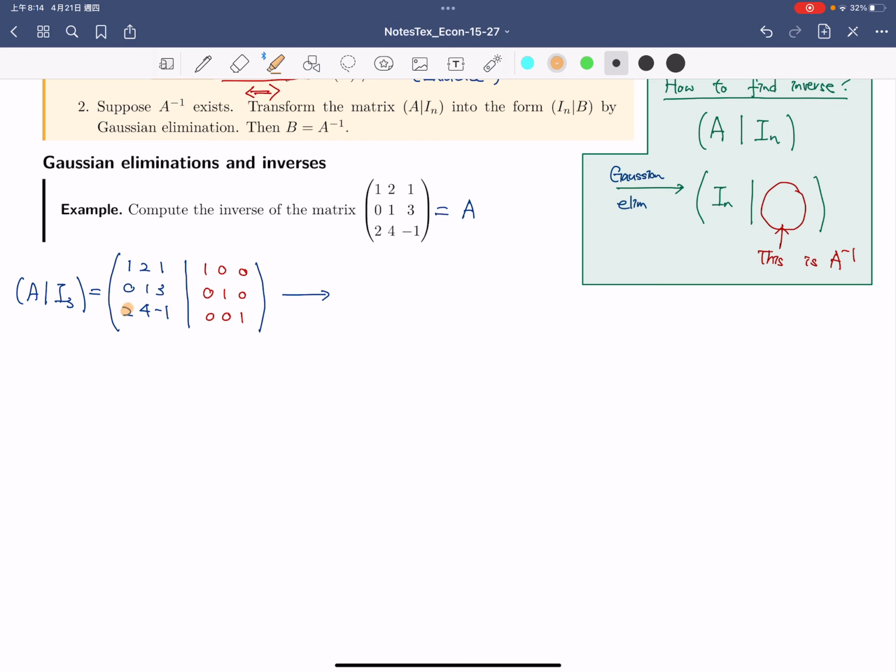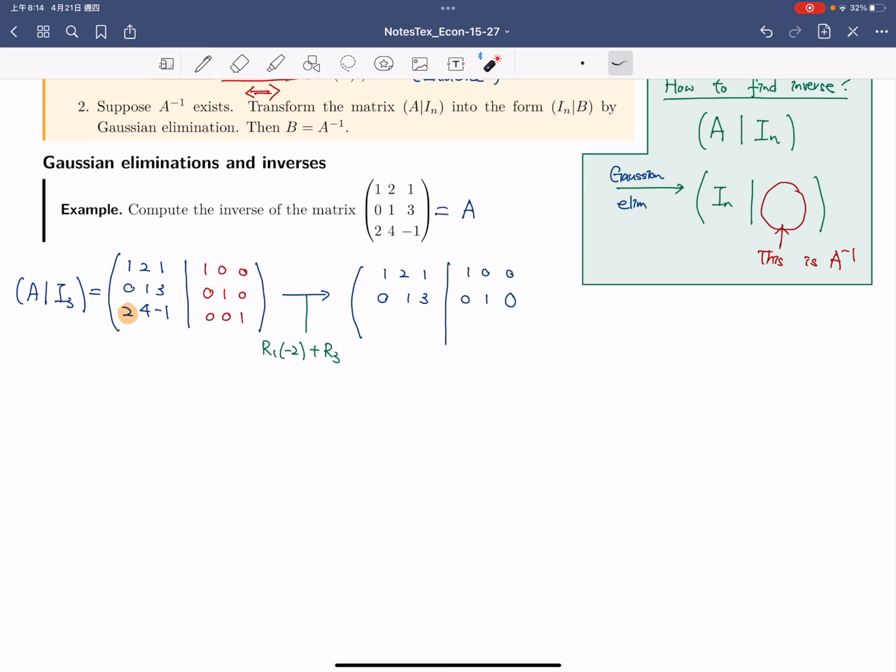So the first guy we want to kill is this 2 here. So what I'm going to do is to multiply the first row by -2 and add it to the third row. Then I will get 1, 2, 1, 1, 0, 0. So this 2 is unchanged.